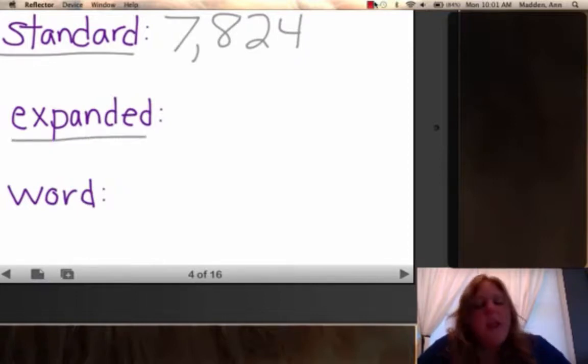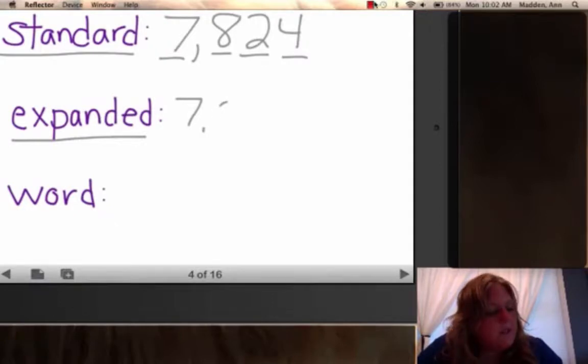Expanded form is something that you probably don't see very often in the world, but what expanded form does, it helps us remember that each digit, the 7, the 8, the 2, the 4, holds a specific place value. So when I write expanded form out, I show that the 7 doesn't mean 7, it really means 7,000.